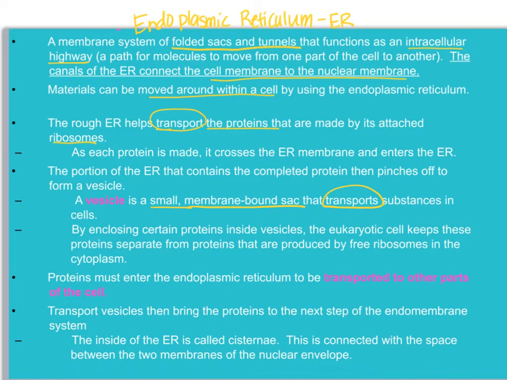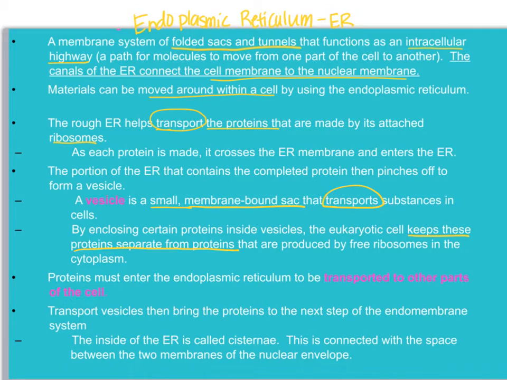So what happens is part of the ER encloses that protein into a little pouch. I like to think of vesicles as little cars, and then that vesicle is going to move to another part of the cell. The purpose of putting them into a vesicle is it keeps the protein separate from proteins that might be produced by free ribosomes, or proteins that come into the cell and are just floating in the cytoplasm, maybe going somewhere else.